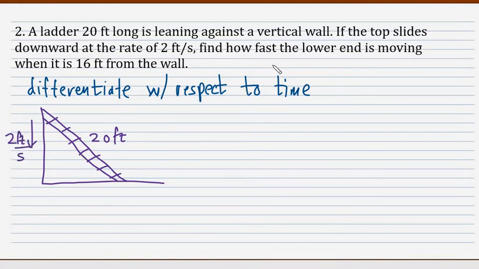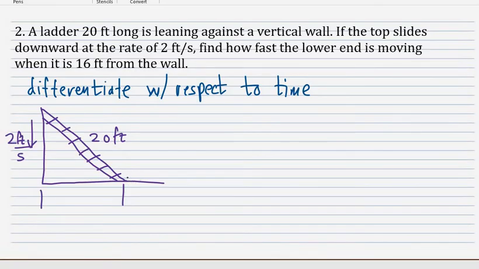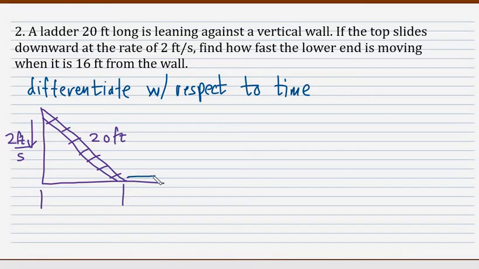Find how fast the lower end is moving when it is 16 feet from the wall. So this lower end of the ladder is moving, and we want to find out how fast it is moving if the top is dropping at a rate of 2 feet per second.